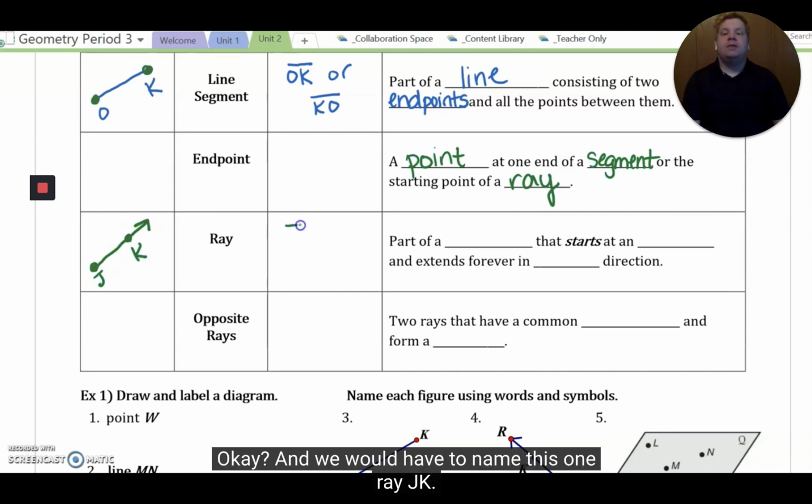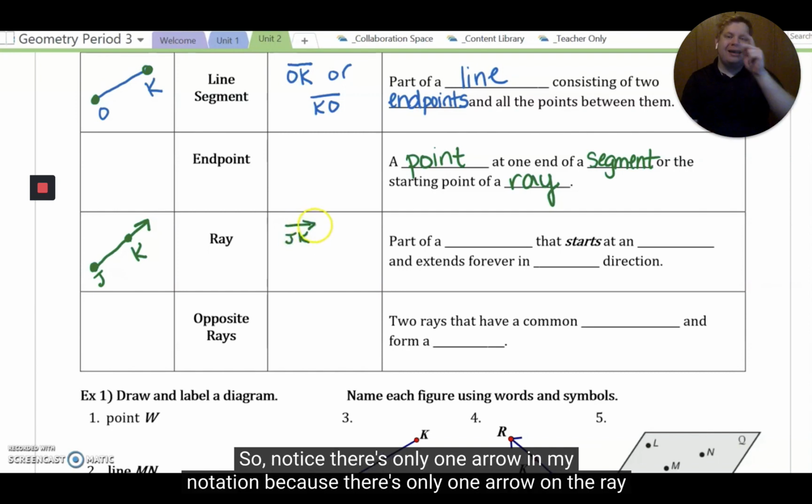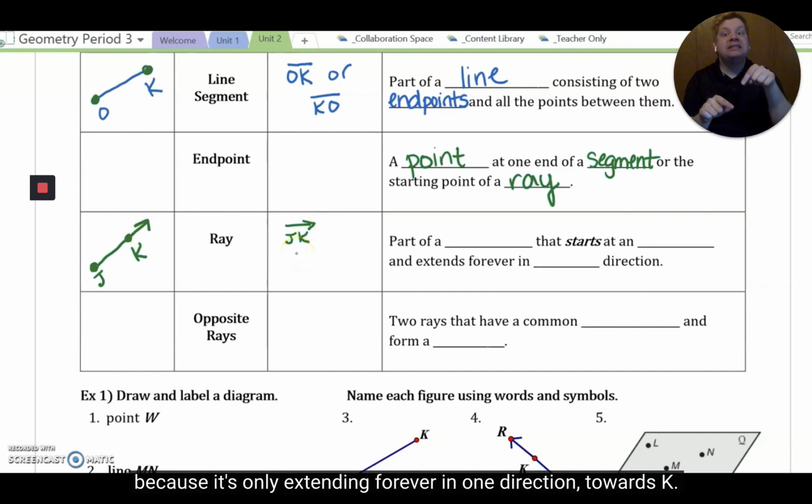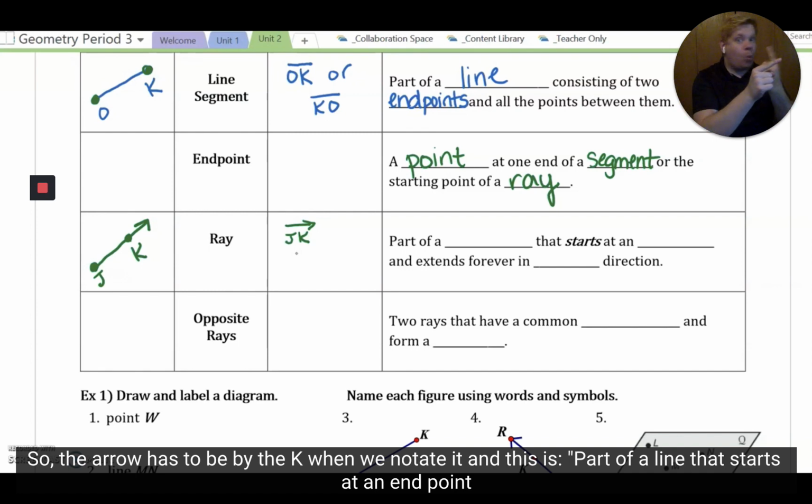Okay, and we would have to name this one ray JK. So notice there's only one arrow in my notation because there's only one arrow on the ray. And in this one, it does matter what order you put the letters in because it's only extending forever in the one direction towards K. So the arrow has to be by the K when we notate it.